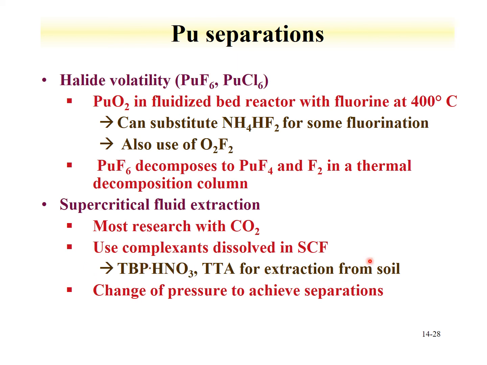And then when the supercritical fluid enters normal atmospheric conditions, it goes to a gas phase, and what's left behind is plutonium with the ligands. So you can achieve the separation and a concentration of plutonium from, for instance, the soil system with a supercritical fluid just by using atmospheric conditions.